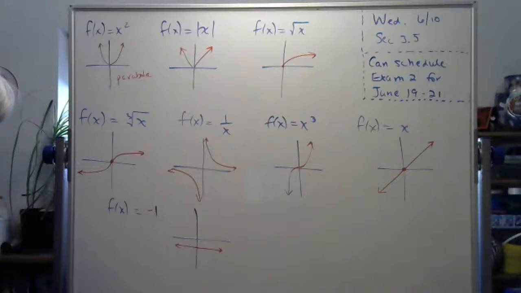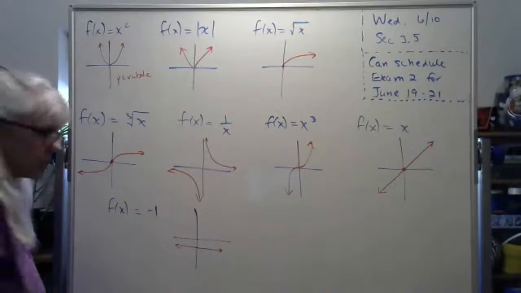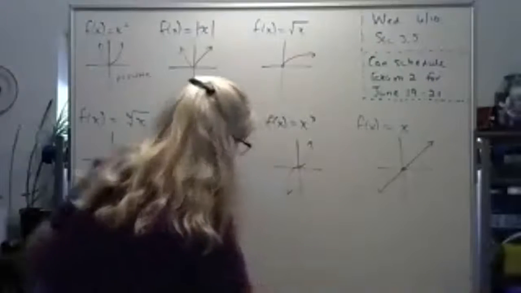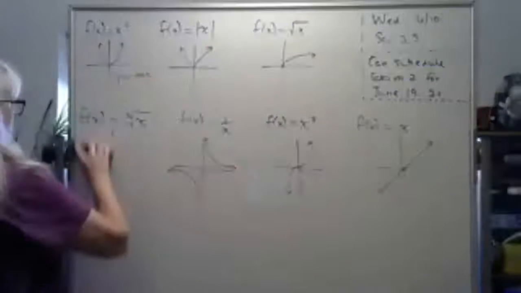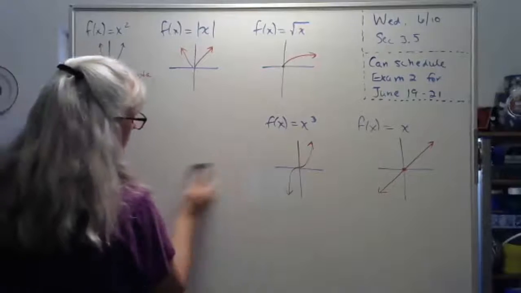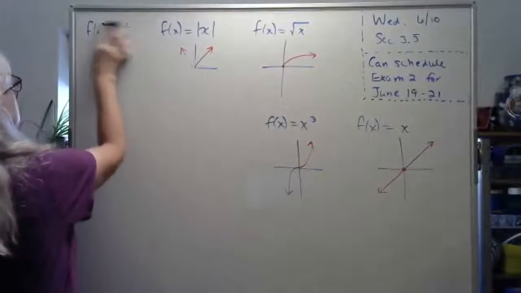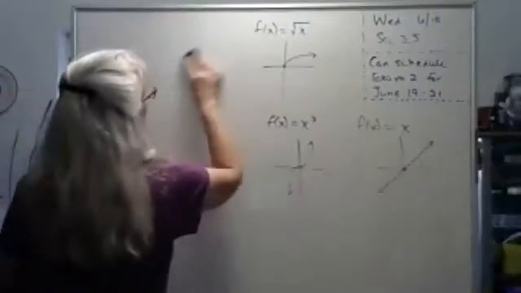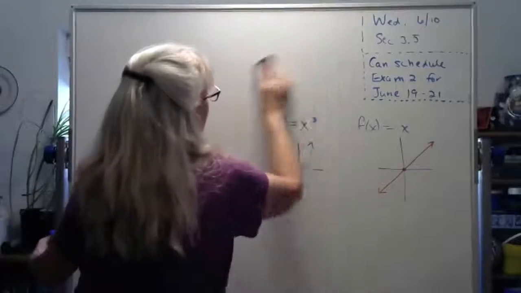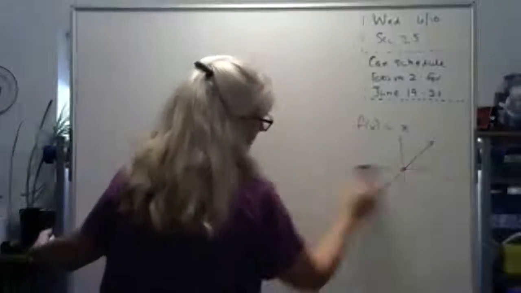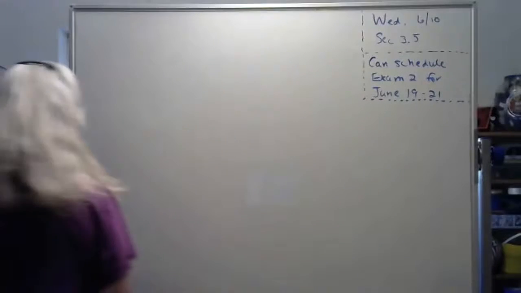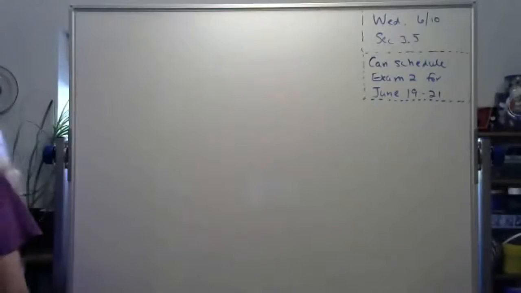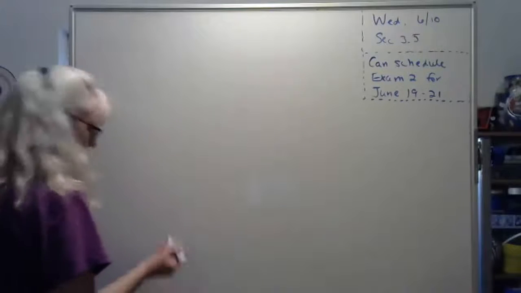So if you worked on the homework, you did a little bit of transformation with this stuff. So let's do some more transformations with this stuff just to get used to it. We laid our groundwork yesterday. So what I want to do today first is we're just going to describe in words each of the transformations.